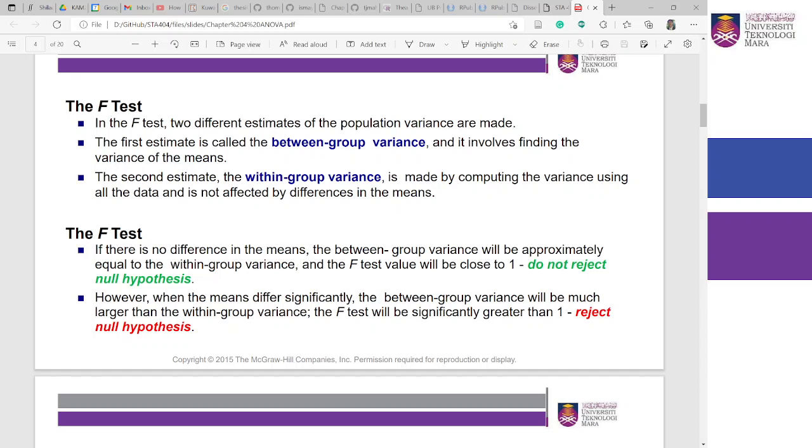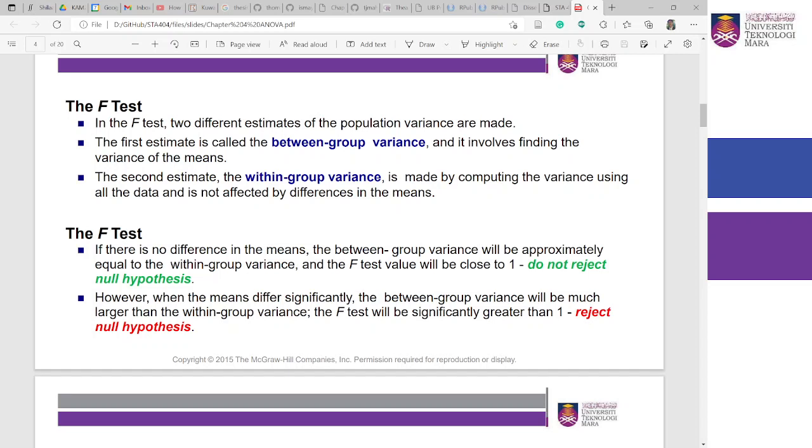Sebab dalam F-test kita tengok between group variance ratio to the within group variance. So kalau dalam fraction, between tu dekat atas, within tu dekat bawah. Kalau yang atas tu lebih tinggi, maknanya nilai dia akan melebihi 1. Tapi kalau dua-dua tu hampir sama, maka dia punya ratio akan jadi close to 1.